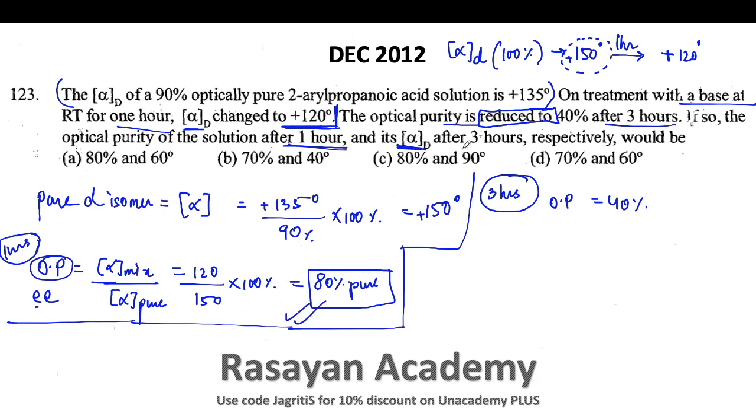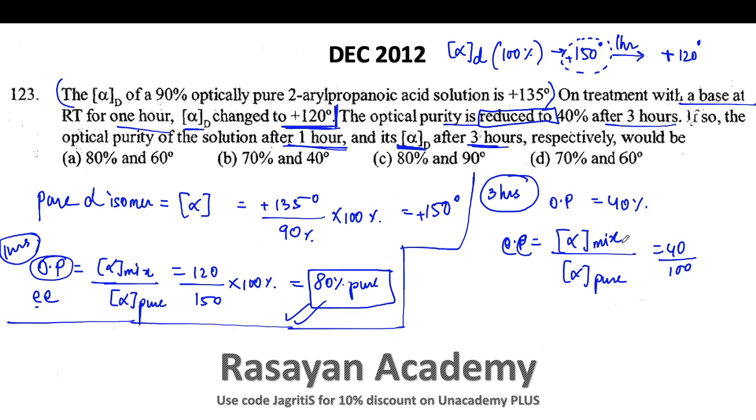the specific rotation after 3 hours respectively would be. So what is the formula of optical purity or enantiomeric excess in percentages? Let's take the enantiomeric excess. The formula is alpha mix divided by alpha pure, and here you have 40%. So you have to find out alpha D after 3 hours.